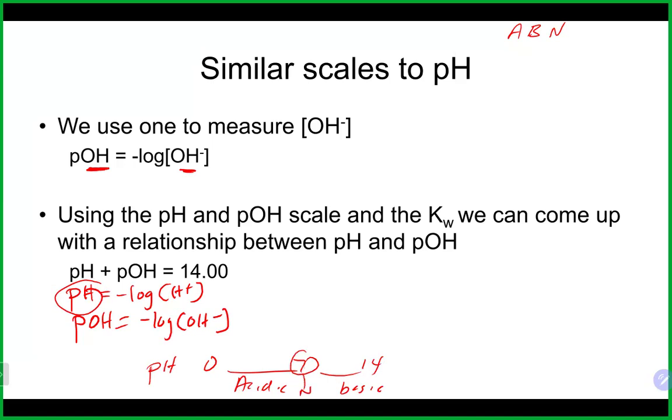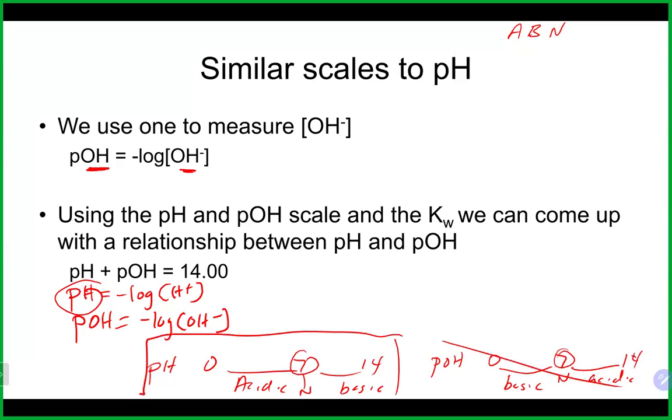If you look at the pOH scale, 0, 7, and 14, less than 7 on the pOH scale is basic, above 7 is acidic, and at 7 is still neutral. So it does run opposite of each other, and probably everybody has the pH one in their head. So I wouldn't even look at the pOH value in terms of determining acidic, basic, or neutral. Always look at the pH value and determine it based off of that.